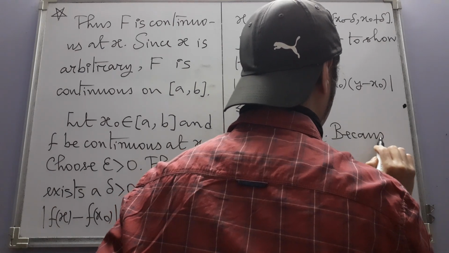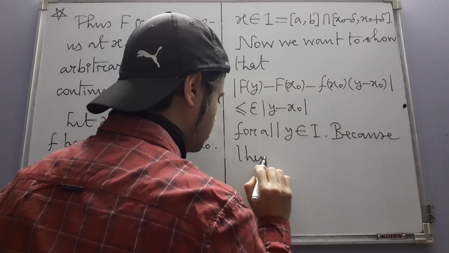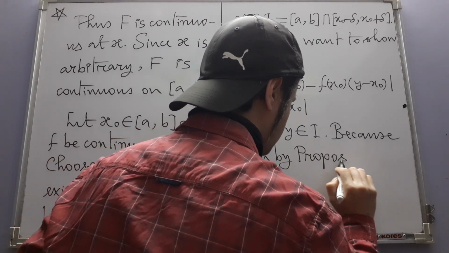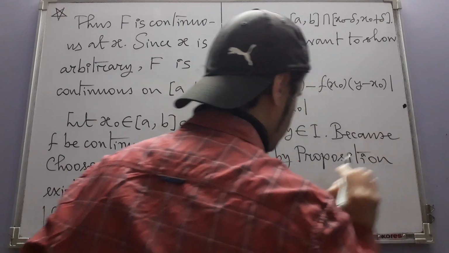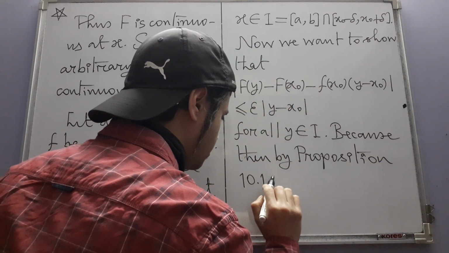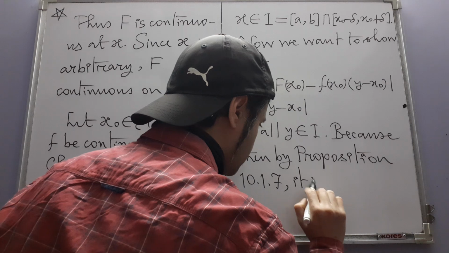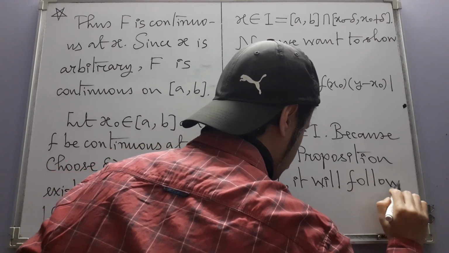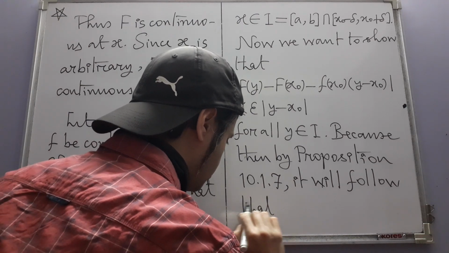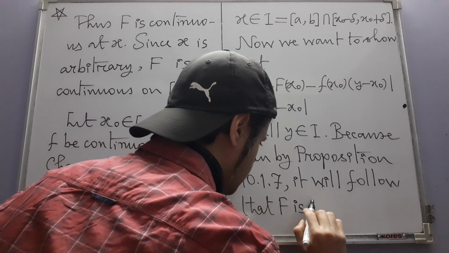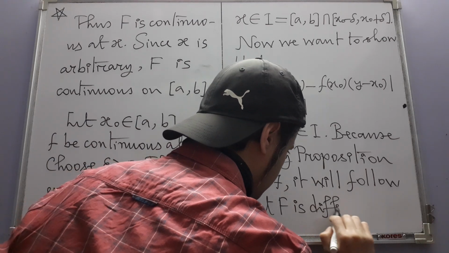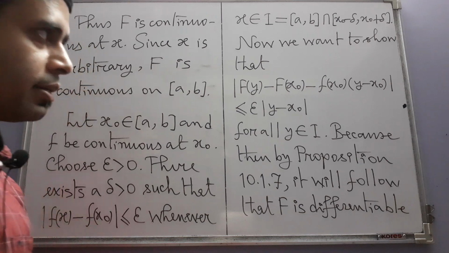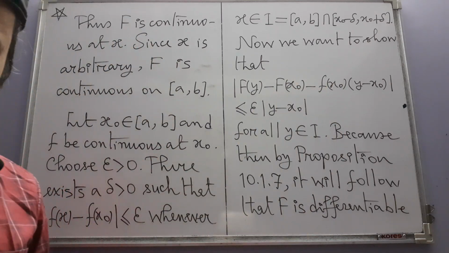Because then by proposition 10(1)(7) it will follow that this is differentiable at x naught and this is the derivative.